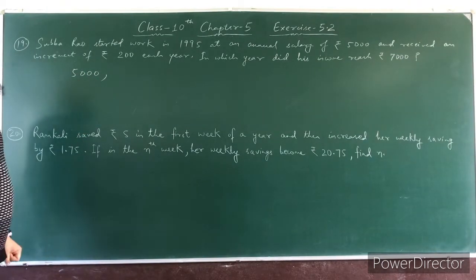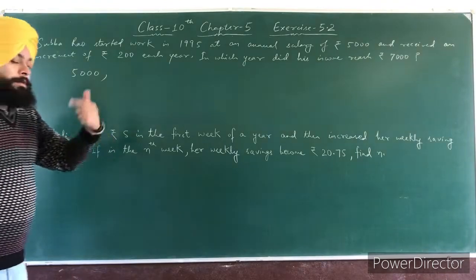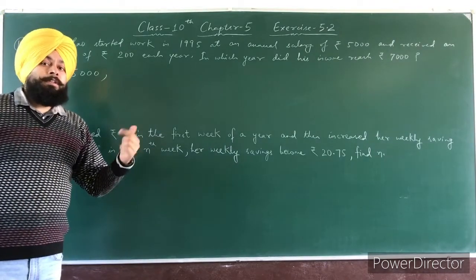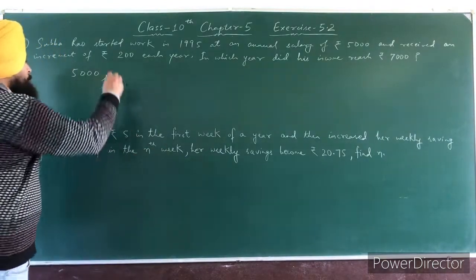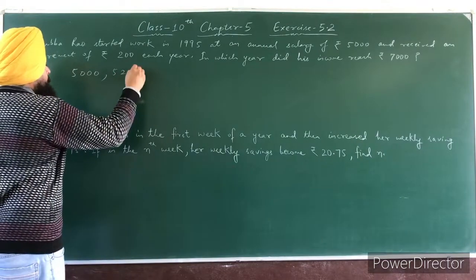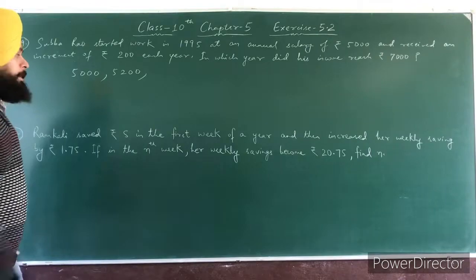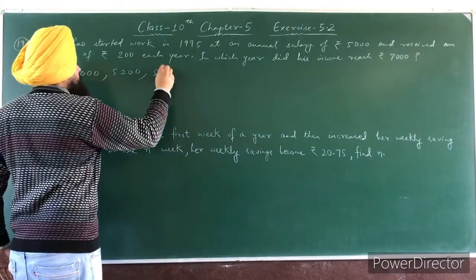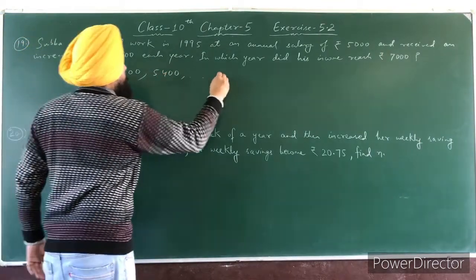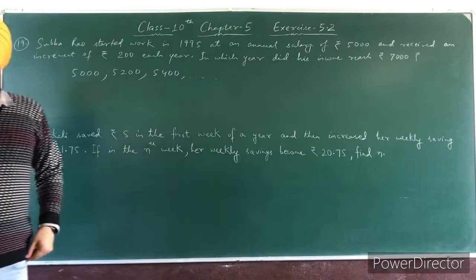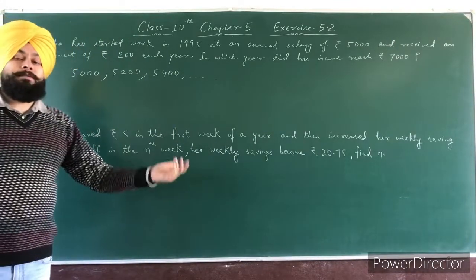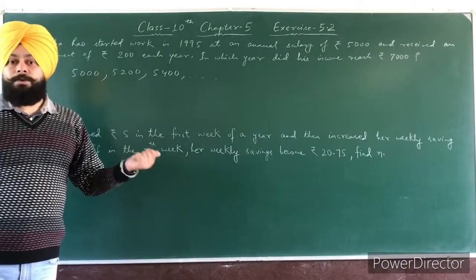Rupees 5,000. Next year his salary was increased by rupees 200, so salary was rupees 5,200. Again in the third year salary was 5,400 rupees. So in this way salary was increased every year by rupees 200.